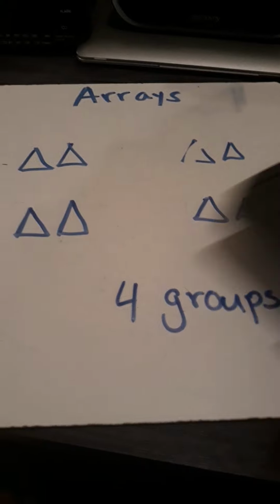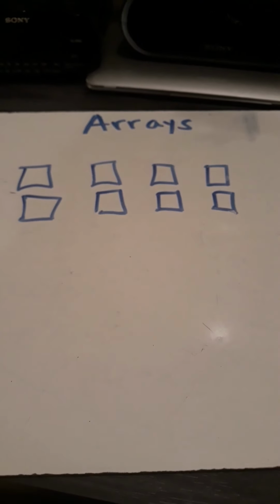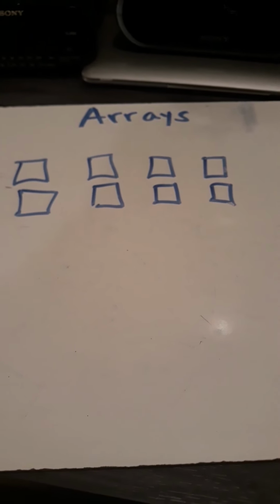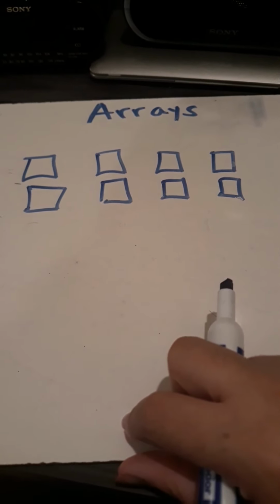Awesome. Okay, so now I'm going to ask you this question. I'm going to draw one, two, three, four, five, six, seven, 8 squares. Now, how many groups can I make using these 8 squares?